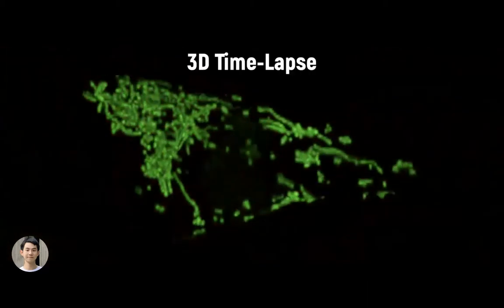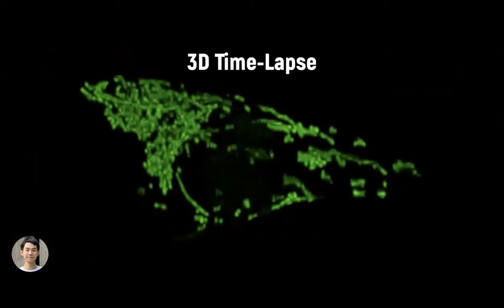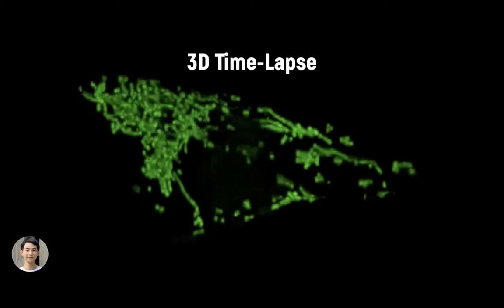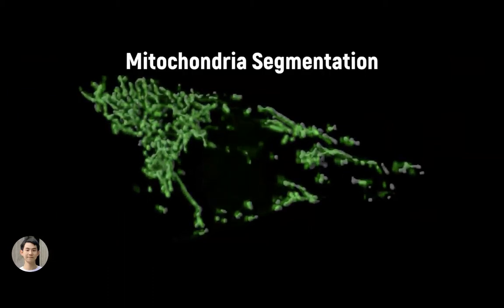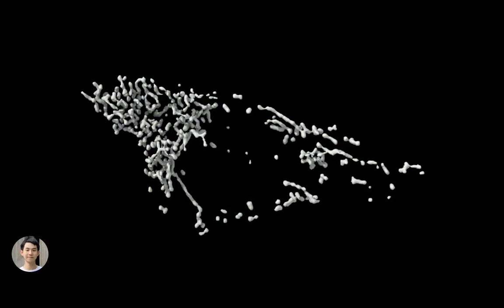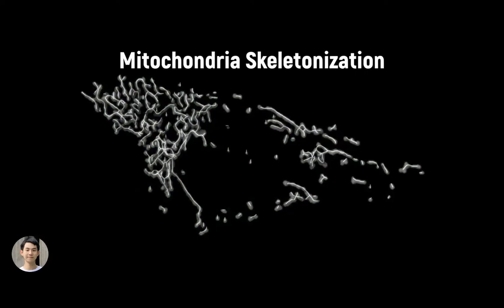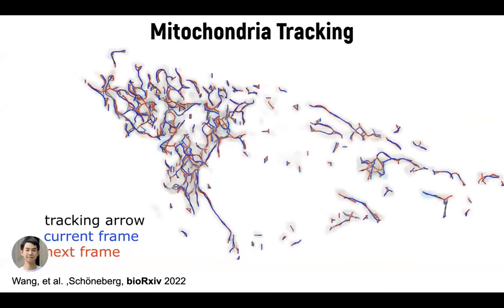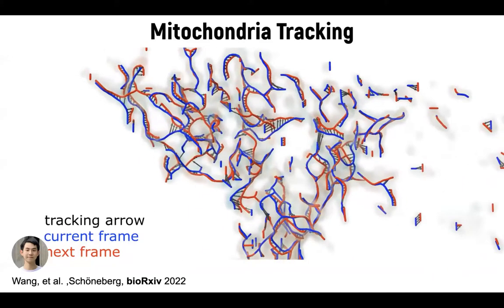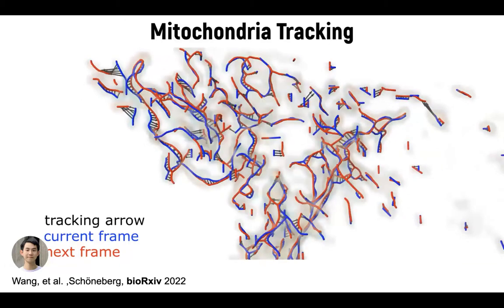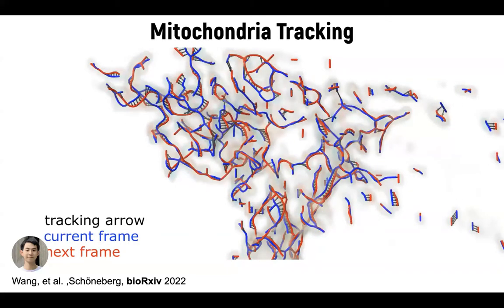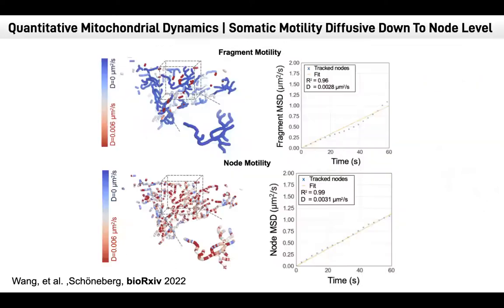You segment individual cells, and then when you look at how the mitochondrial network moves in these 3-second time intervals, you segment the mitochondria, you skeletonize them, and then you track them. Again, blue is the current frame, red is the next frame, and black is the tracking arrow of where the mitochondrial network is going from this time step to the next. So yeah, I think it's super cool.